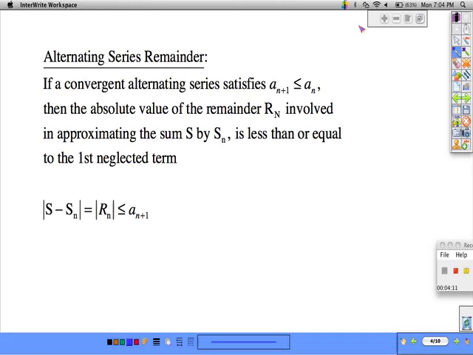So if I'm using the 8th partial sum to approximate our sum, the remainder, the stuff that we didn't add on, will always be less than or equal to that next term, the 9th term.